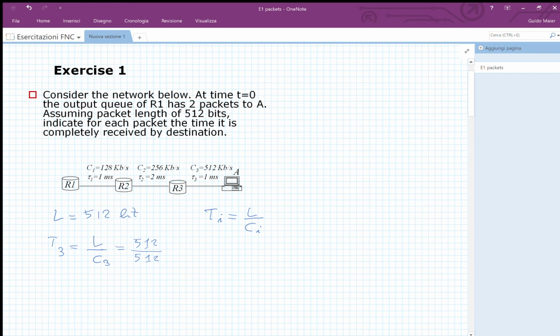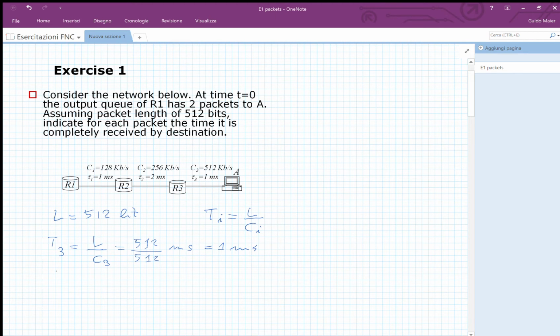Kilobit per second means 1000 bit per second, so at the denominator I have 512,000. So it means that the result will be in milliseconds if we don't consider these zeros. And this is 1 millisecond.